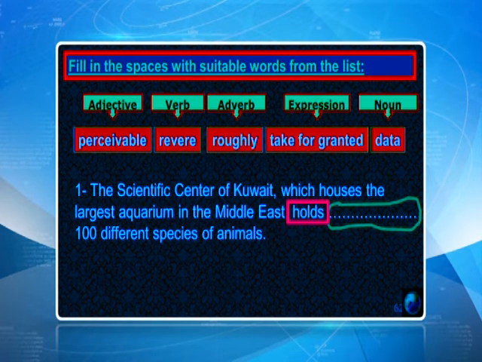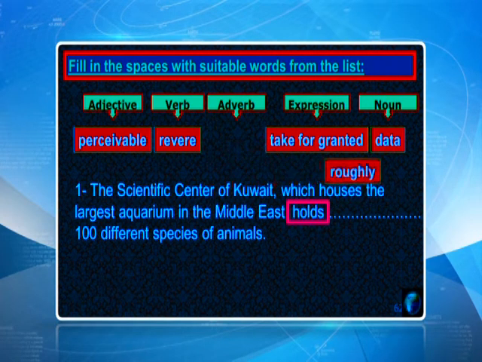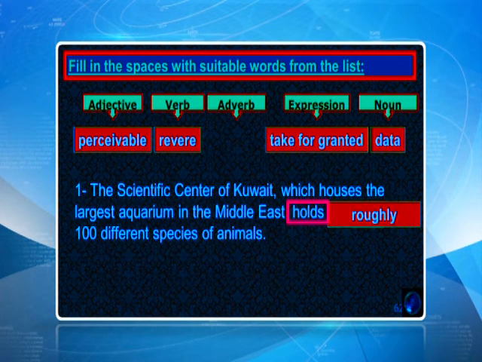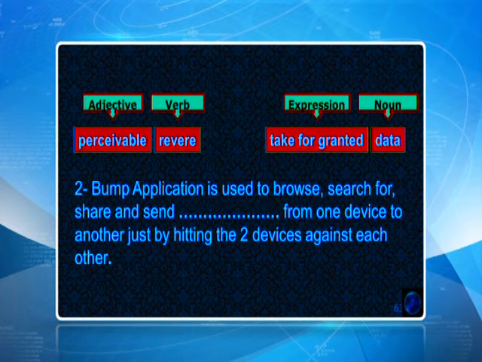Because it is the main verb of the sentence. Now, what do you need here in this gap? You need roughly. Why? Because without this adverb, the sentence remains correct. Then we move to the second sentence after crossing out the word that we have already used.